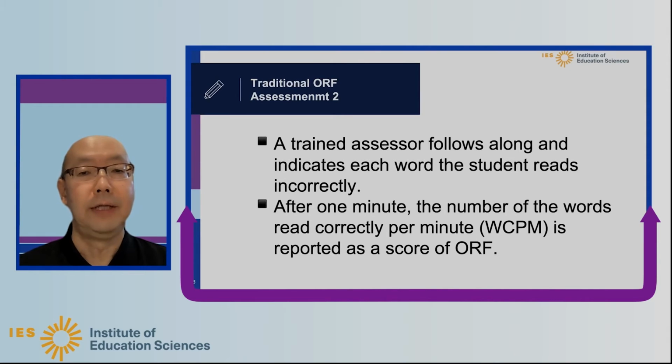Then a trained assessor follows along and indicates each word the student reads incorrectly. After the student is done, or after 1 minute, the number of words read correctly per minute, WCPM in short, is reported as the ORF score.